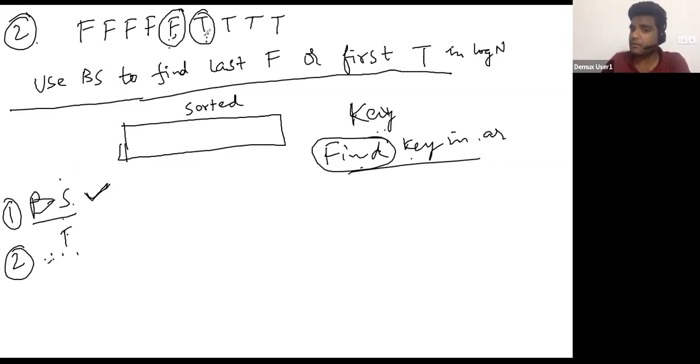Then only I will be able to search for the last F or the first T. Do you get this point? Correct? So that's it. Both of these will actually go hand in hand. It's not like you will do an analysis independent of one another, but yes. So can you tell me of one such predicate?